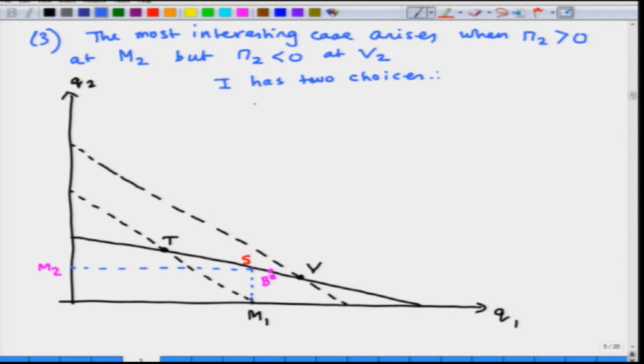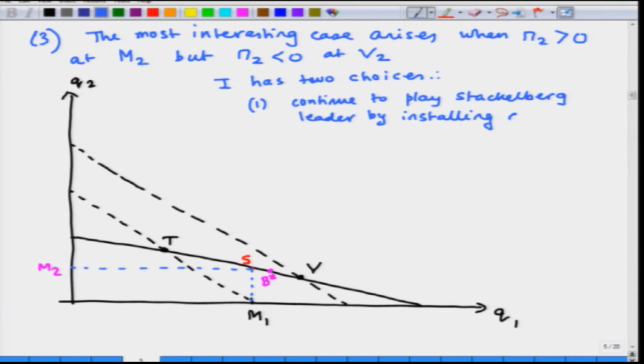One, it can continue playing the Stackelberg leader output and accommodate the entrant, by installing capacity M1 and producing Q1 equals M1. Or it can expand capacity to B star.